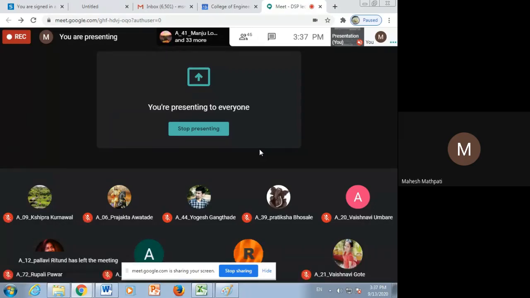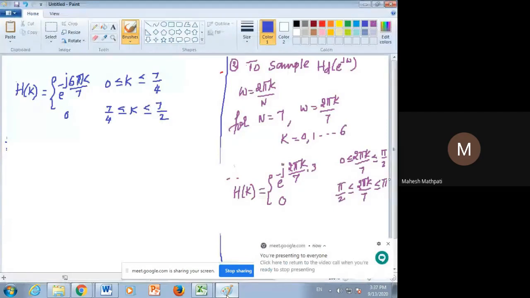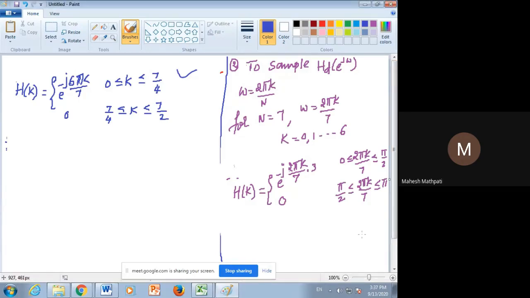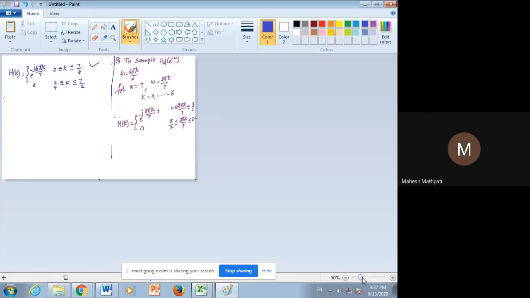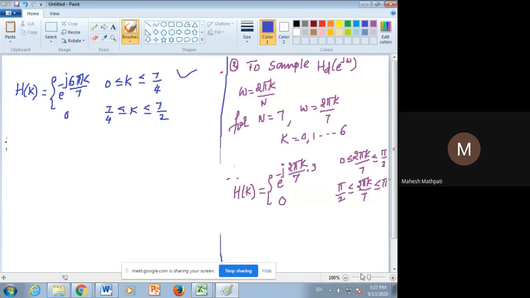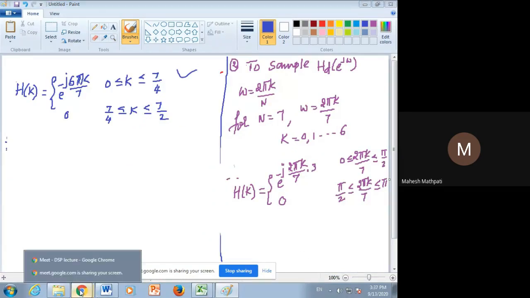Can anyone speak? Is this step understood? If you didn't understand, tell me and I will explain once more. Am I audible? Have you understood this step? Can you please explain it so that others can understand? It is just a repetition.